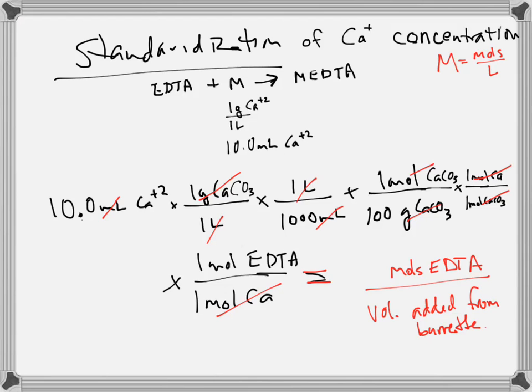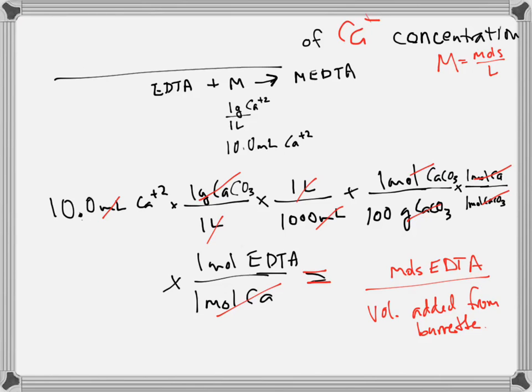Once we've got the concentration of EDTA solution nailed down, now we can go through and essentially run the exact same experiment, except now, instead of trying to determine the concentration of EDTA, oops, that should be EDTA, which I'm now then going to erase.